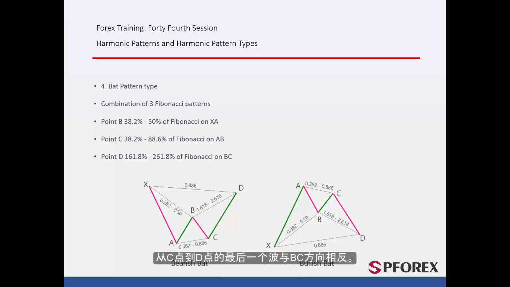The final swing from C to D has an opposite direction to BC. The point D would be in the area between 161.8% and 261.8% of BC, plus 88.6% of XA. The trend would probably change its direction from the point D.